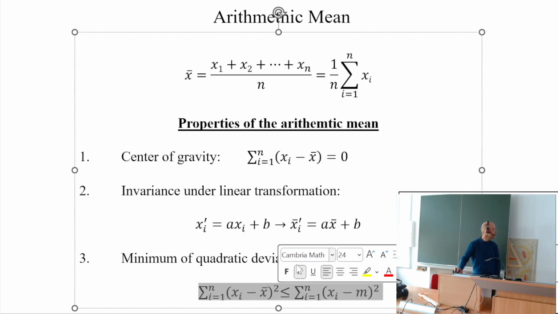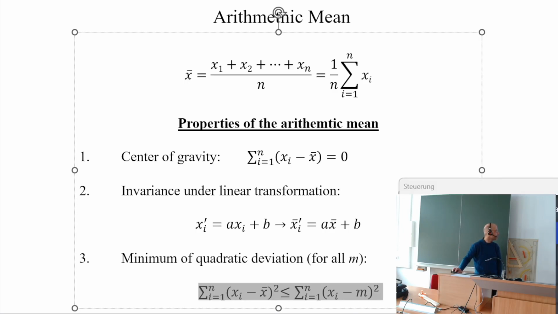property of the arithmetic mean is then, and here we already have the square, so the variance is coming in, that if we take any mean we could think of for our distribution, and calculate the sum of the squared distances of all our data points with respect to the arithmetic mean, then these aggregated squared distances with respect to the arithmetic mean are the lowest compared to any other means you can think of.